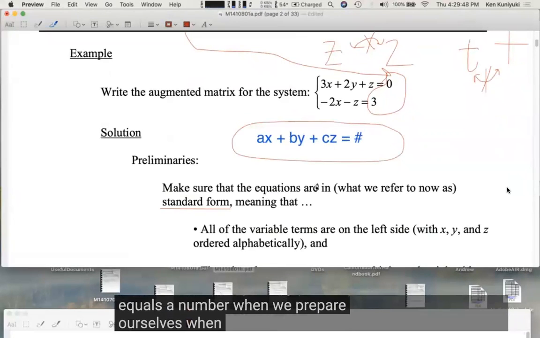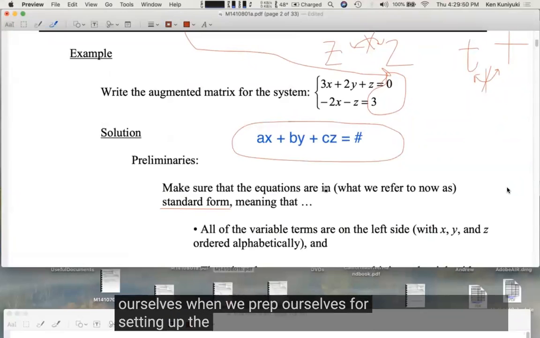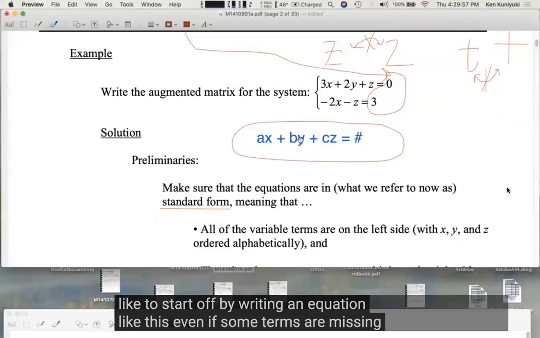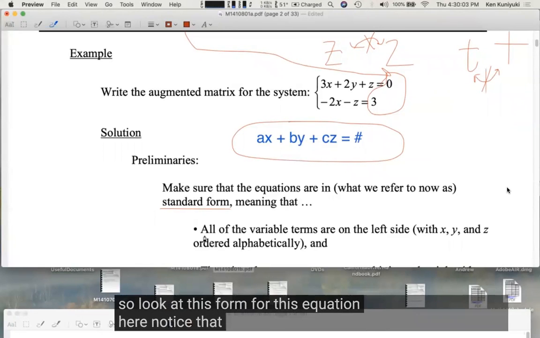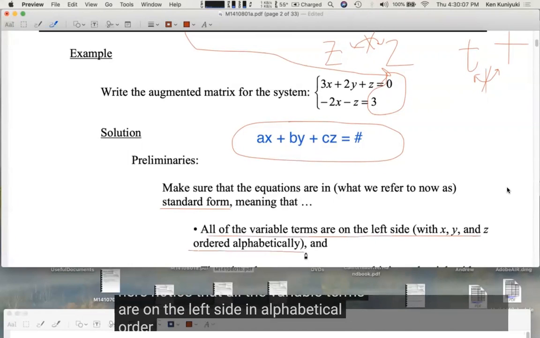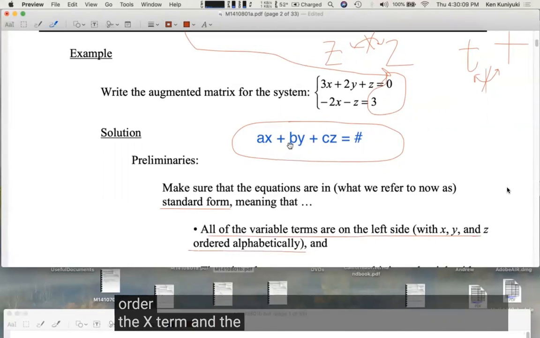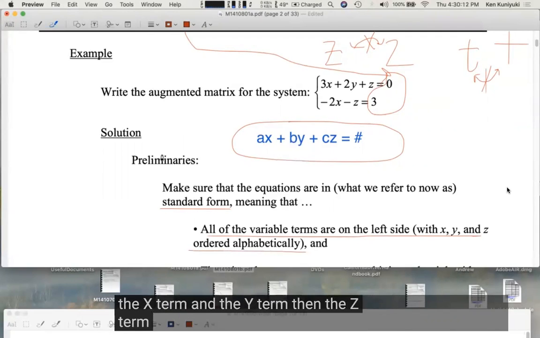When we prepare for setting up the augmented matrix, we often like to start off by writing an equation like this, even if some terms are missing. So look at this form for this equation here. Notice that all the variable terms are on the left side in alphabetical order. The x term, then the y term, then the z term.